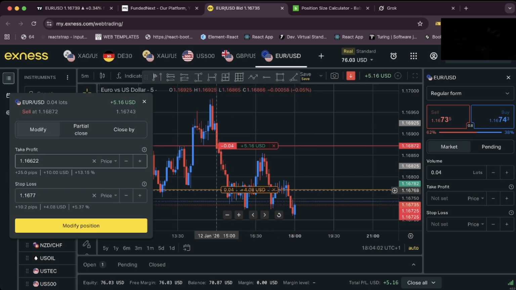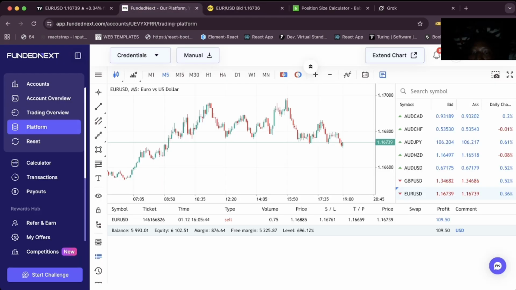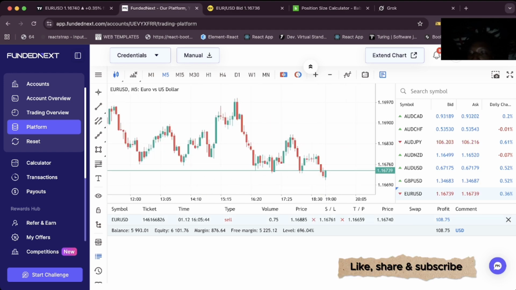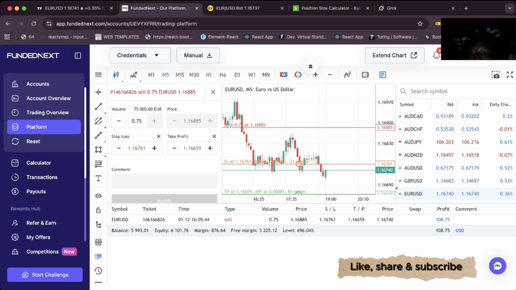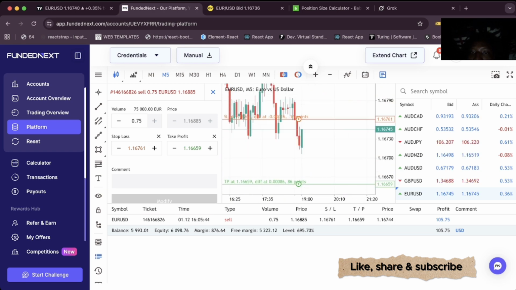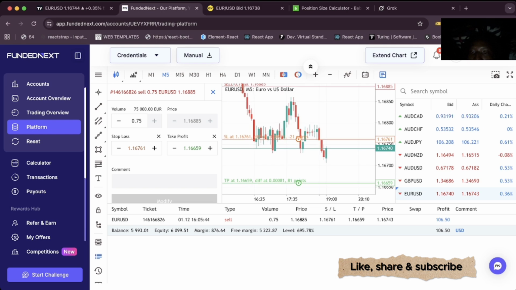If price goes up now to sweep me out, it will pretty much sweep me around that profit there. Same thing goes to this guy here. If I click on modify position here, you can see that the stop loss is just lying right above that candle.